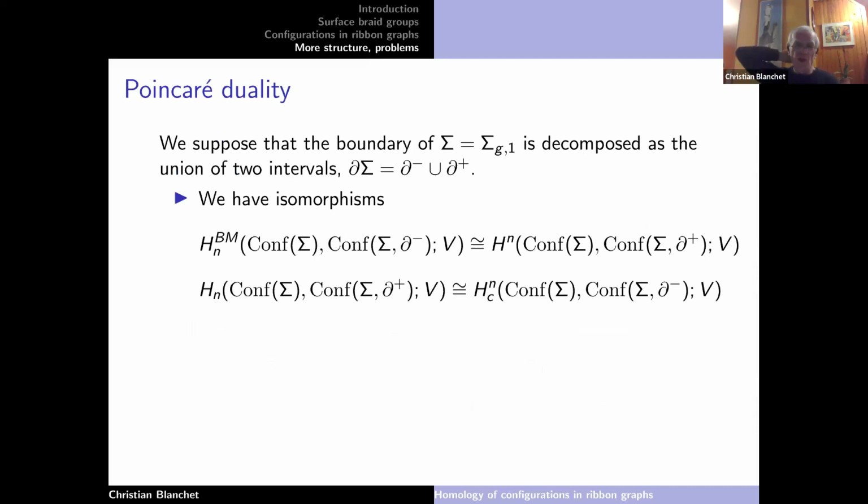And I want to finish with a little bit more structure and interesting problems. So we suppose that the boundary is decomposed as a union of 2 intervals. Then we have a Poincaré duality isomorphism between Borel-Moore homology relative to the minus boundary and cohomology relative to the plus boundary.